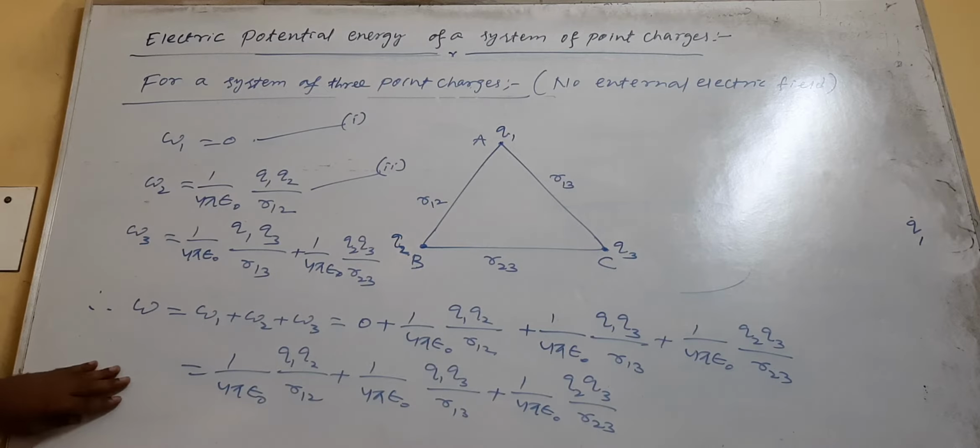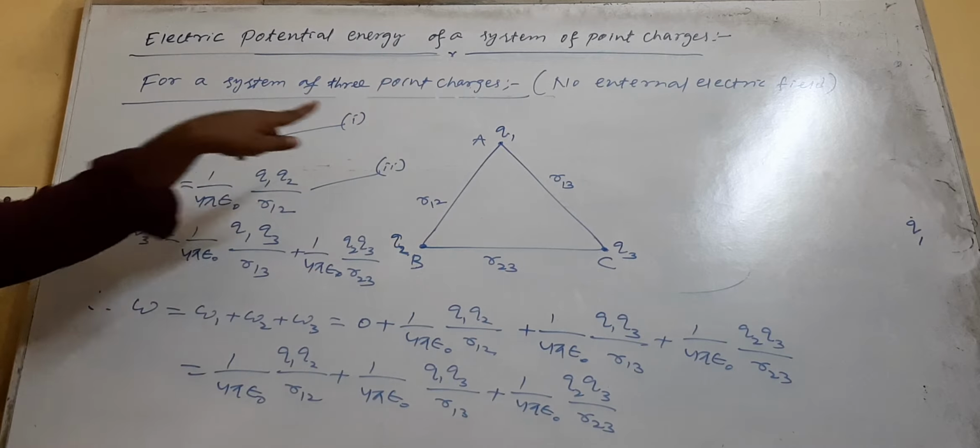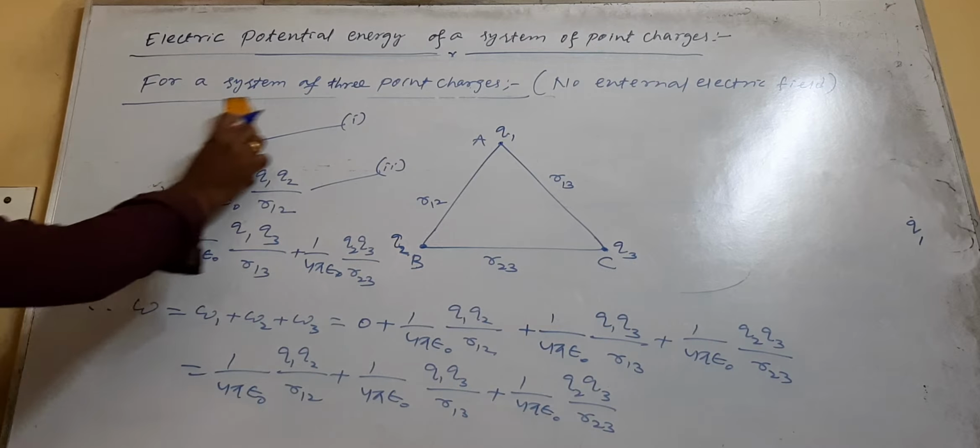This amount of work done gets stored in the system and appears as electric potential energy.